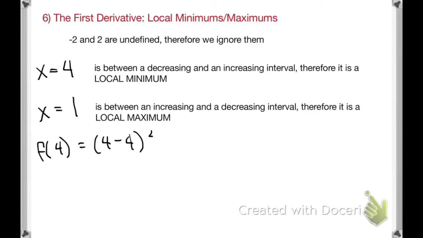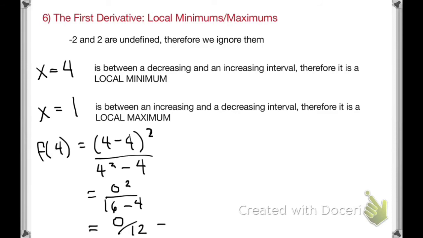And I'm just going to plug those numbers into our function to find out what their y values are so we can get a point. Now as you see from what I've written here, negative 2 and 2 are undefined according to our original domain. So we can just ignore those when we're trying to find local maximums and minimums.